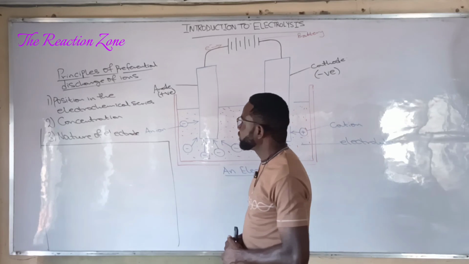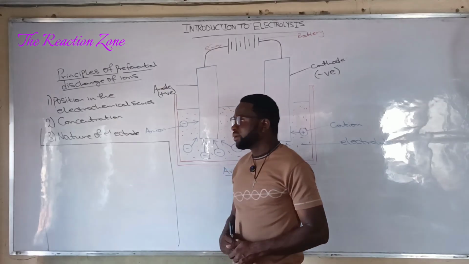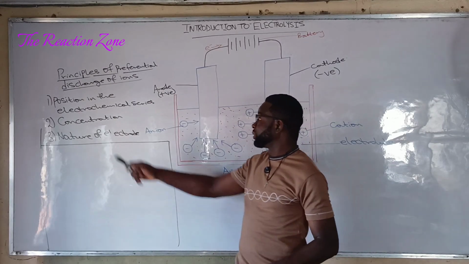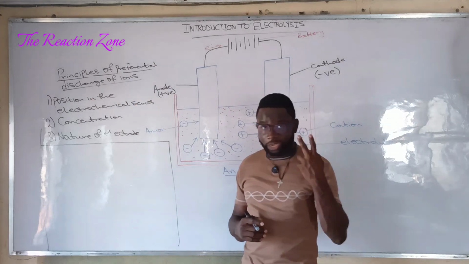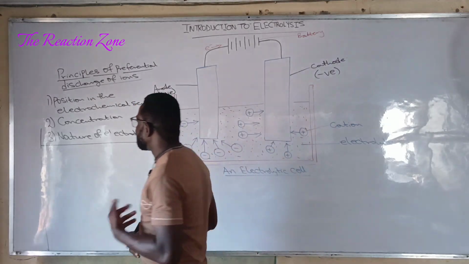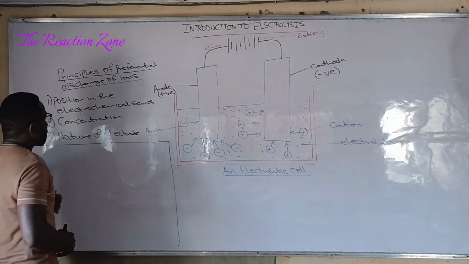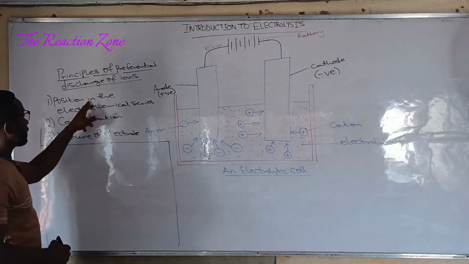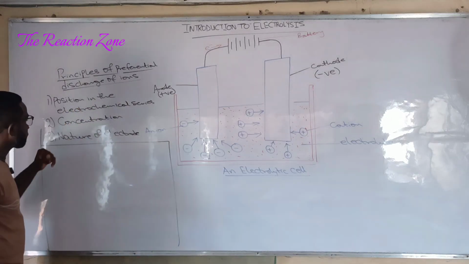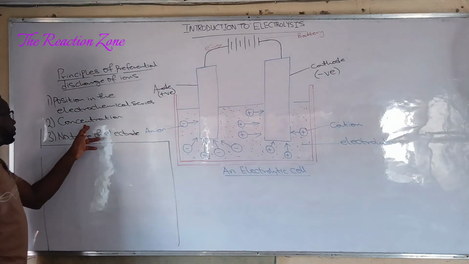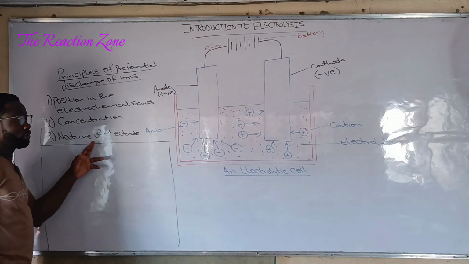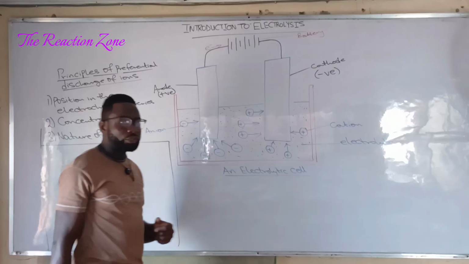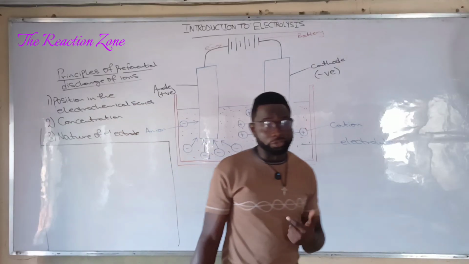These factors are collectively referred to as the principles of preferential discharge of ions, and there are three of them. The first is the position of the ion in the electrochemical series. The second is the concentration of the ion, and the third is the nature of the electrode. So we're going to look at them one after the other.